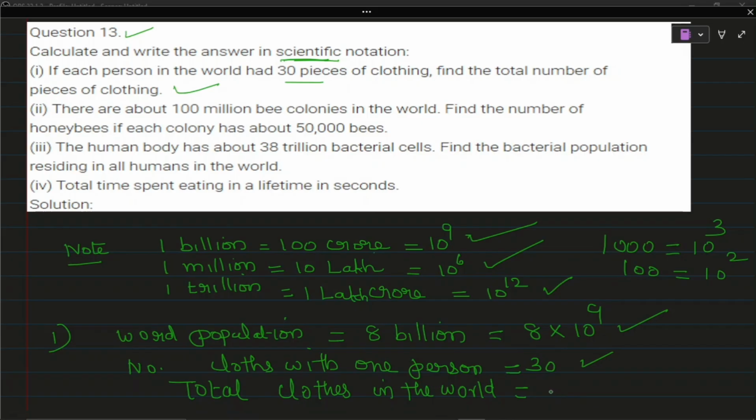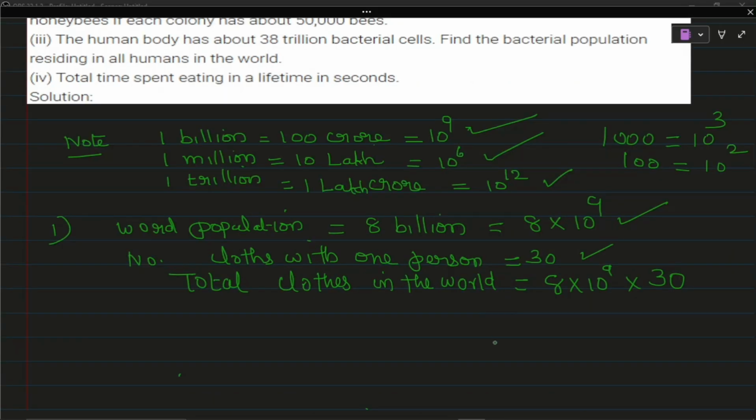So total pieces of clothes in the world you can find by 8 multiplied with 10 raised to 9, that is the population, multiplied with 30. Then you can find the total number of pieces of clothing.